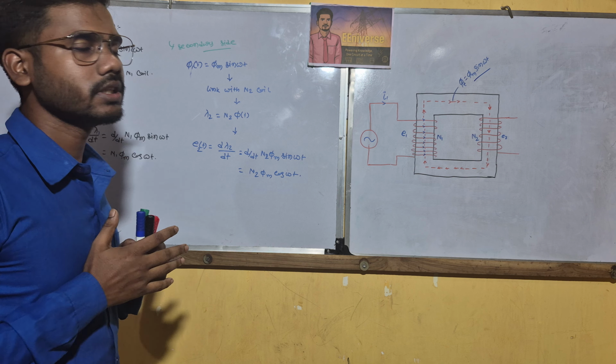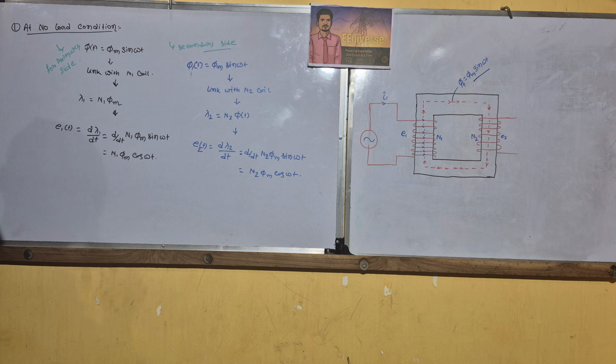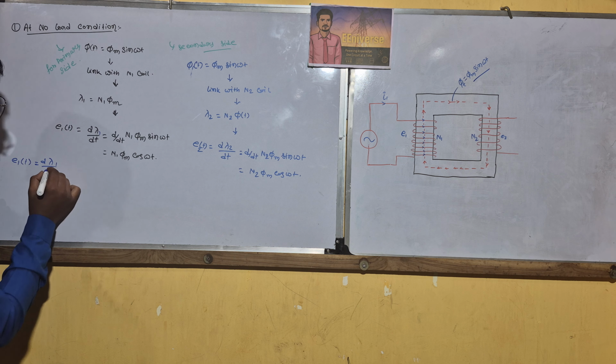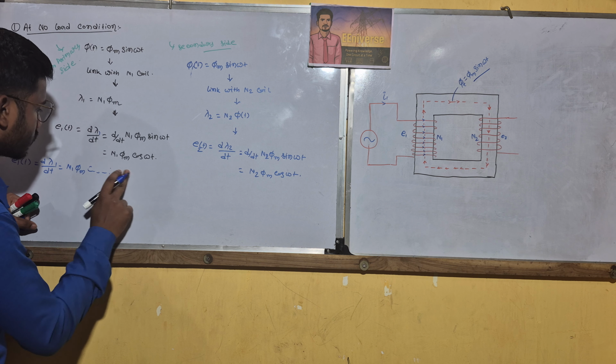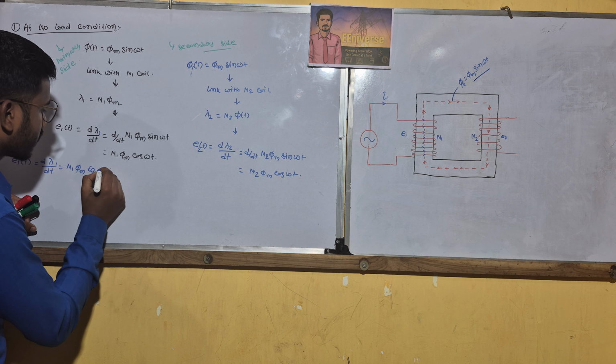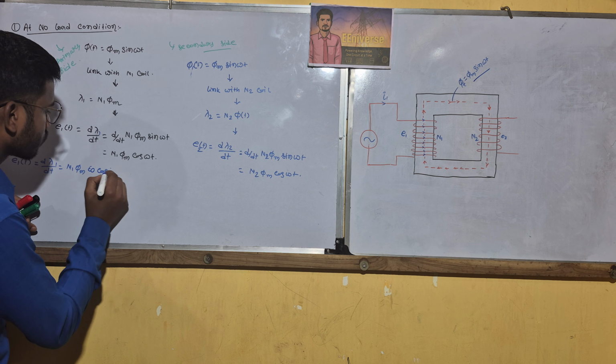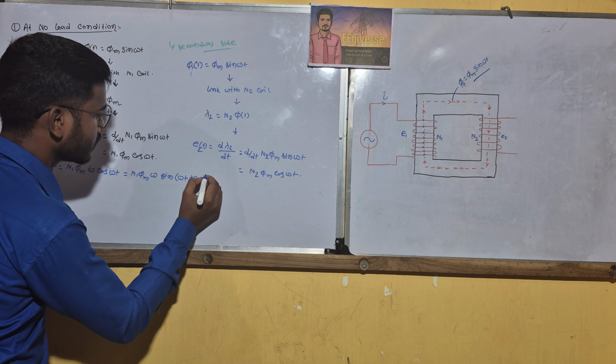So now we can write, E1 of t equals d lambda 1 by dt equals N1 phi m omega cos omega t equals N1 phi m omega sin(omega t plus 90 degrees).